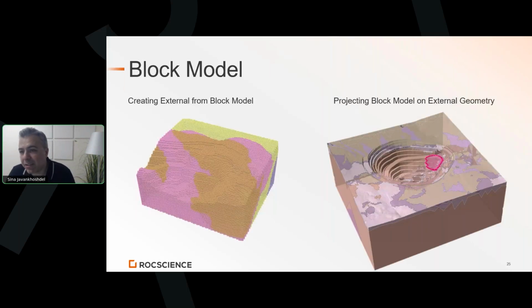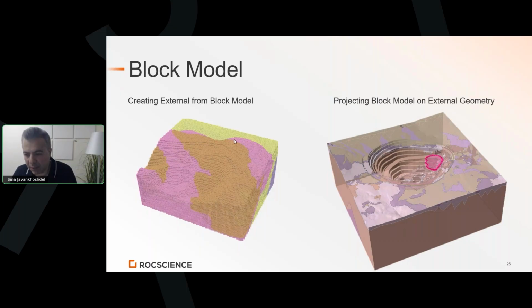The other thing that we have in Slide 3 and also in Slide 2 is a block model. Block model is the data that a lot of mining companies and a lot of geological programs export. These are in the format of CSV files. So basically you have X, Y, Z values. In Slide 3 and RS3 recently, you are able to define your properties at the block level. If you don't have your external geometry, you can create your external geometry only with your block data.